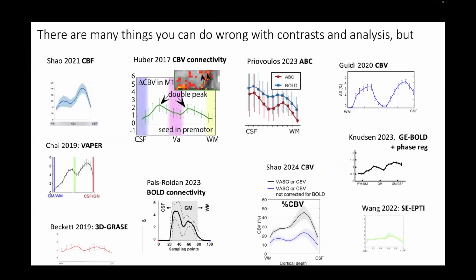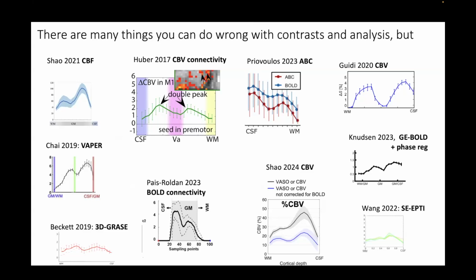As a very last slide, reflecting on high resolution contrast and high resolution processing, there are many, many things that you can do. There are many things you can do wrong. But if you understand the disadvantages, the biases in your analysis or in your contrast and in imaging processing, you can get very, very stable results out of it.